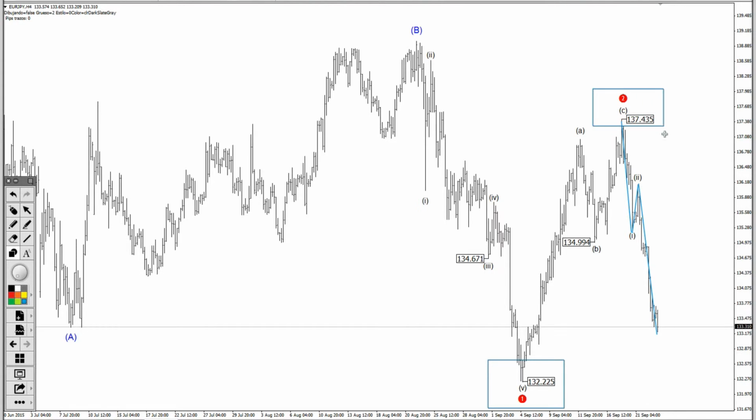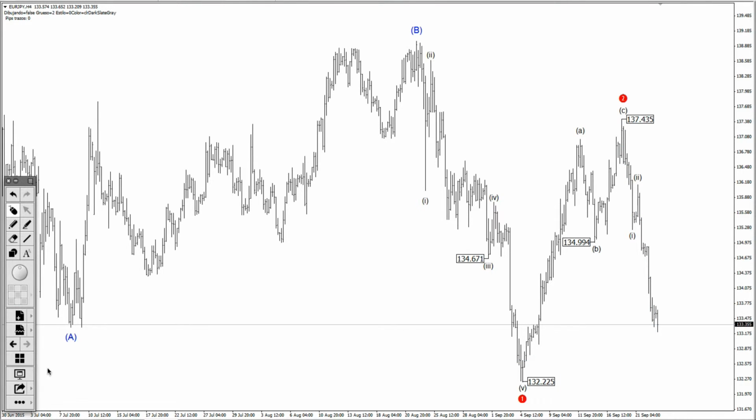We can see the peak here. So waves 1 and 2 probably completed here and forming the third wave and looking very strong to the downside. So more downside is expected here as well.